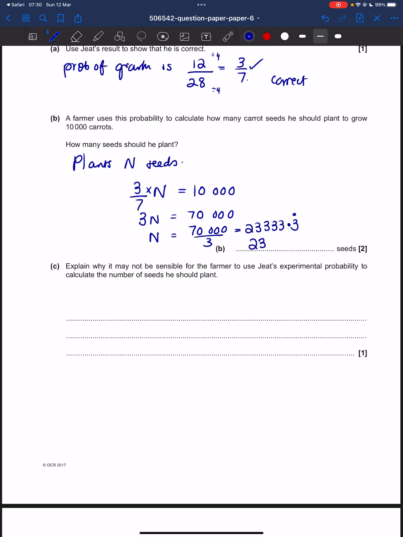So he's going to have to plant 23,334 seeds to make sure he can get 10,000.